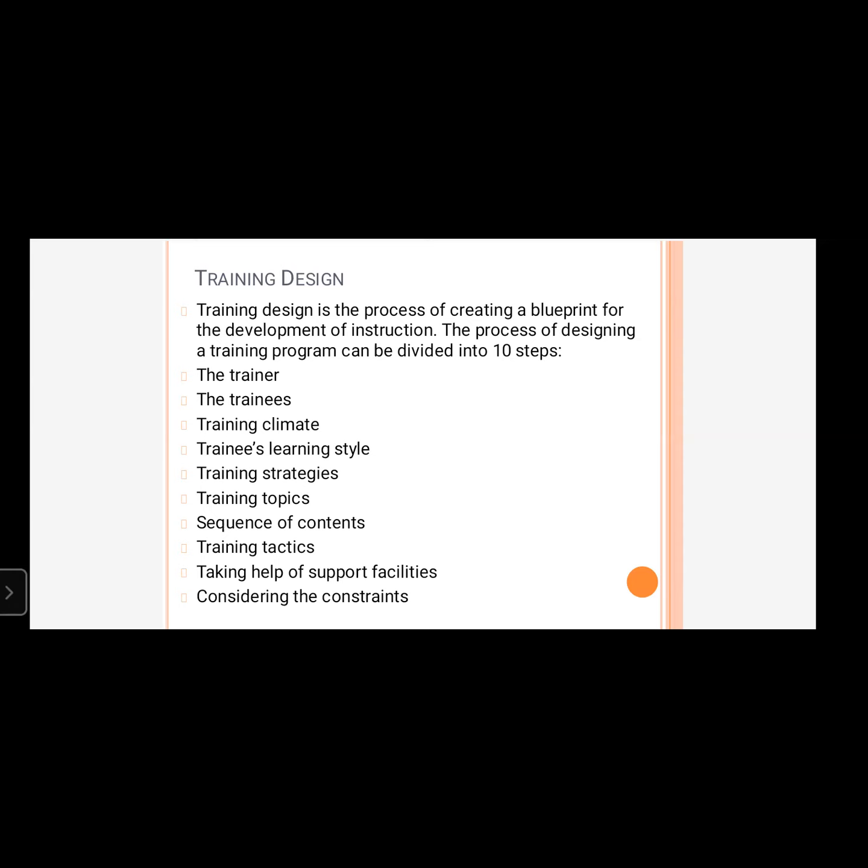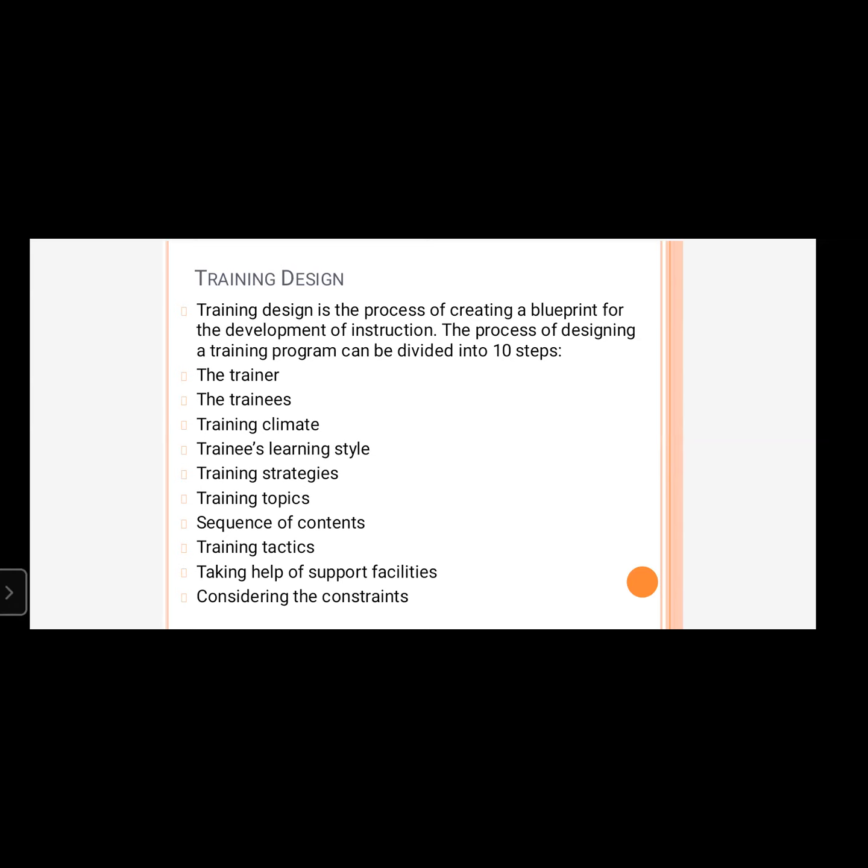Now trainees. Now how can trainees be selected? We have talked about the selection process of the trainer, that how a trainer should be selected. Now how are trainees to be selected? Very simple process. Those who have a need for training are to be selected as trainees.